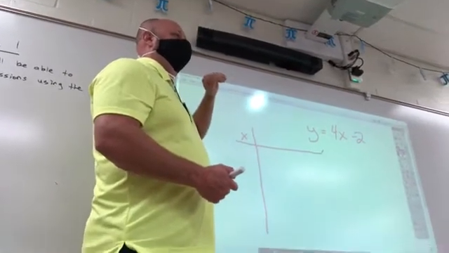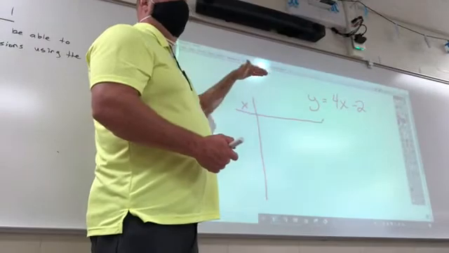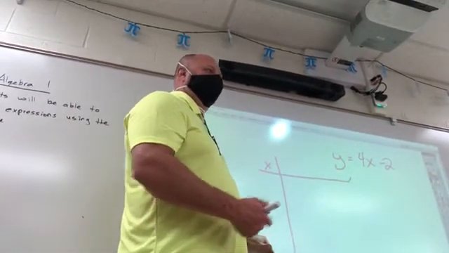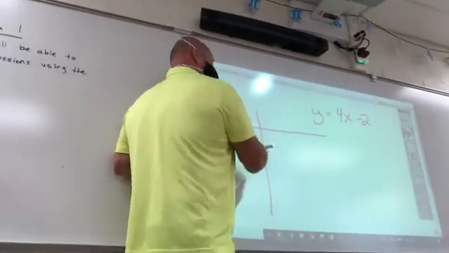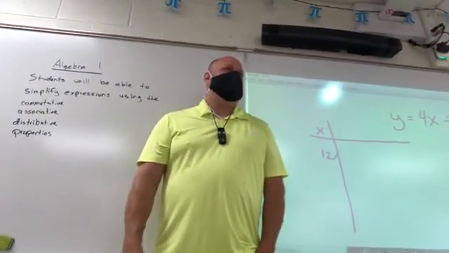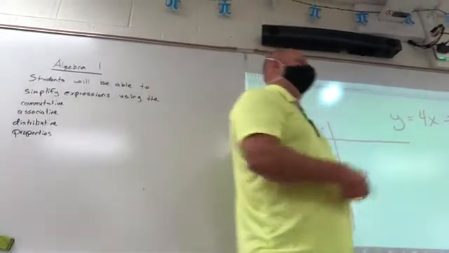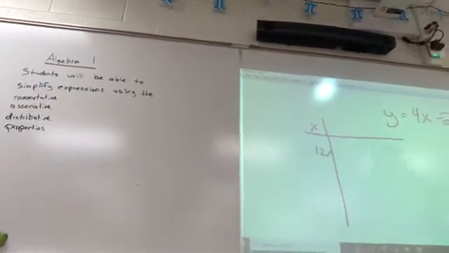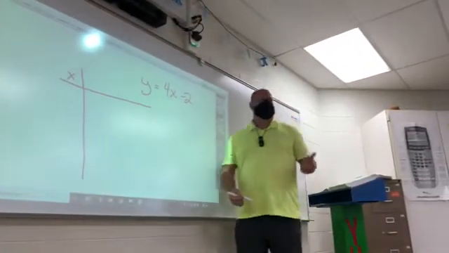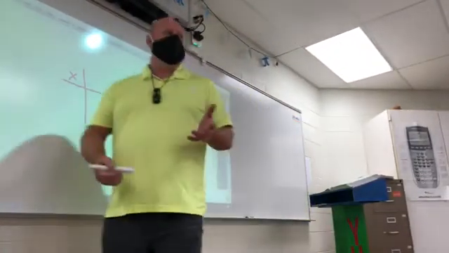Now, what kinds of numbers do you think we should use here? Would 12 be a good number to start out with? Why not? Yeah, we don't want big numbers. We don't want to have large numbers to deal with. So let's go small numbers.